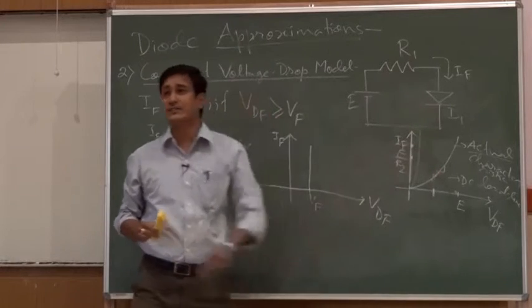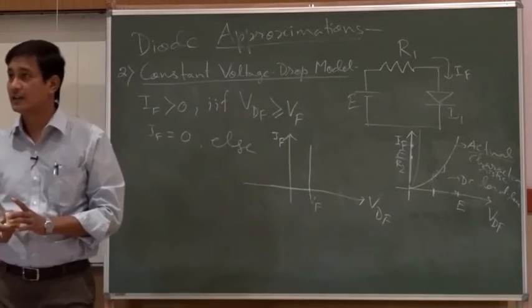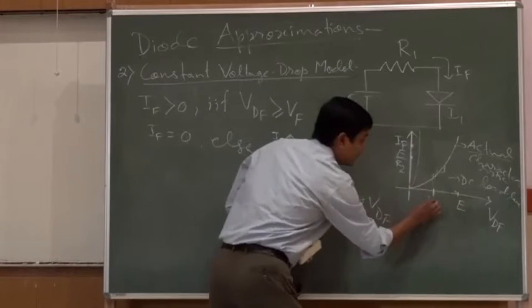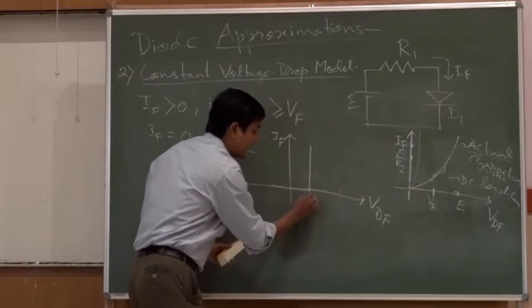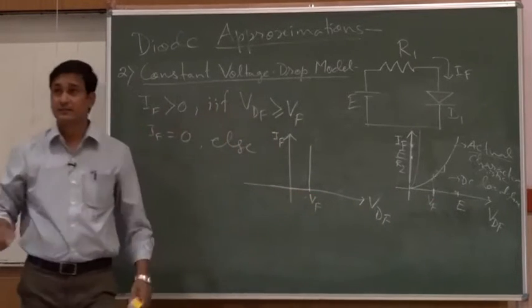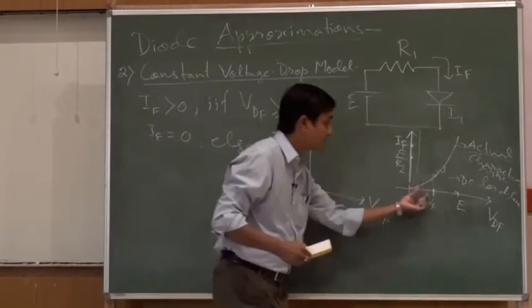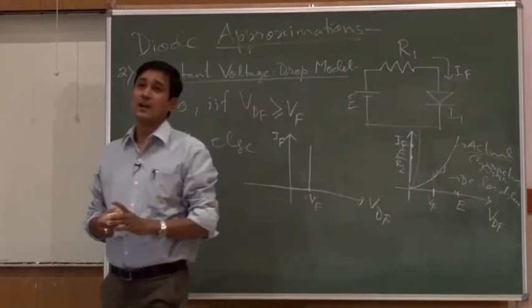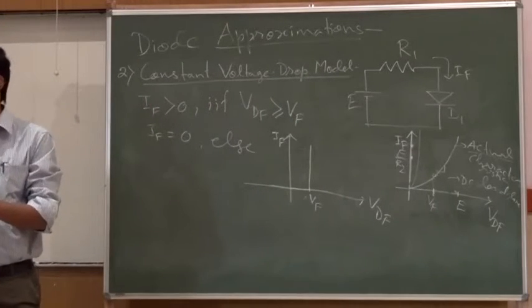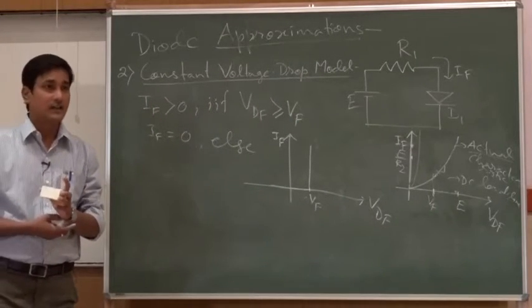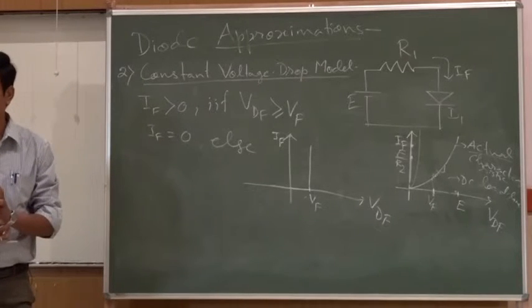After this the current is significantly high. So, that is the voltage Vf I have identified. I will consider from now onwards that after Vf, the current through it is whatever current you want to draw, that is allowed, but before that it is 0.